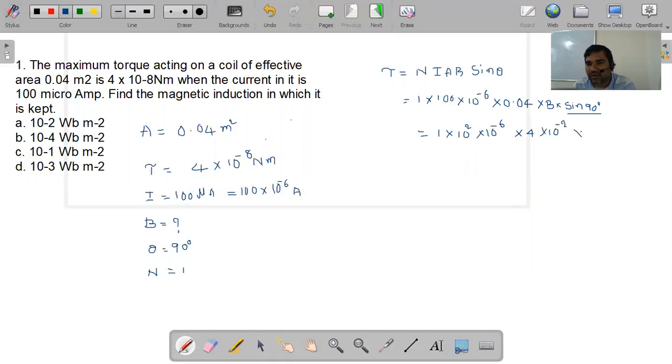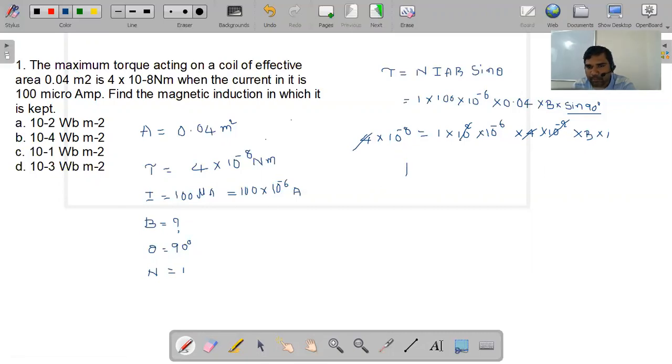And B we don't know, let us write B. And sin 90 is 1. And tau, how much have they given? Torque tau on the left hand side, 4 into 10 power minus 8, we substituted. Fine. Now 10 power plus 2 and 10 power minus 2 we can cancel, no problem. And this 4 also we can cancel. And this minus 6 we will bring down.